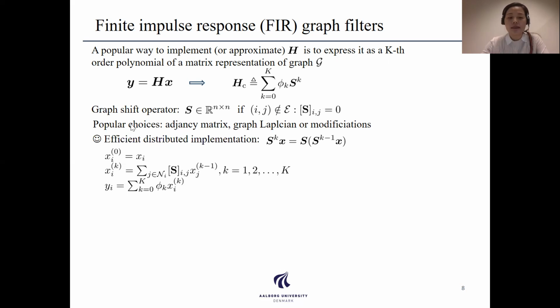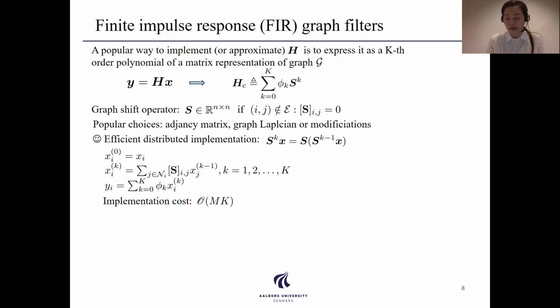In this case, we initialize xi0 with your local private data xi, and then at each iteration we collect from your neighbors and sum it over. At the end we sum over all the K iterations, and then we get the final output. Overall, the implementation cost is very cheap.